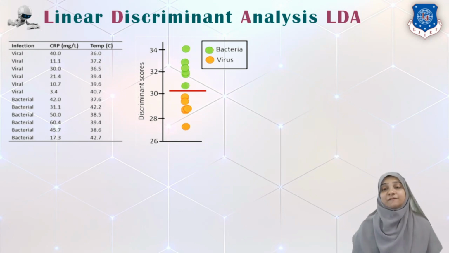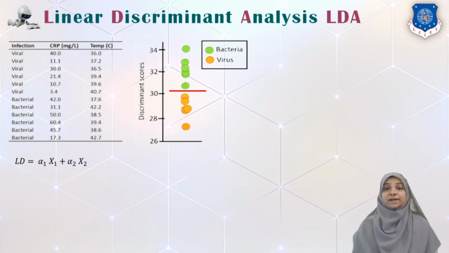After finding the first dimension discriminant score, we will find the mean of all data points. The mean of the data points is the center point of all data points, including viral infection and bacterial infection. We are going to find the mean data point, and I will represent it with a single line.